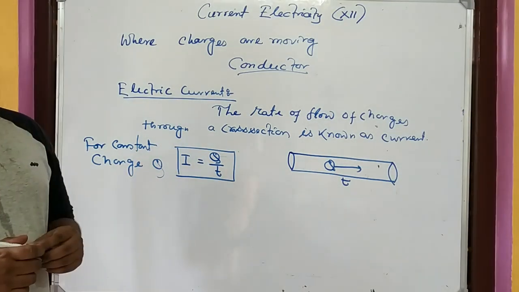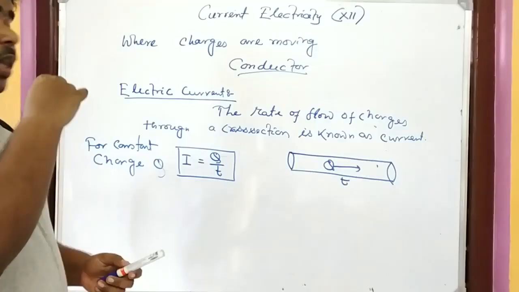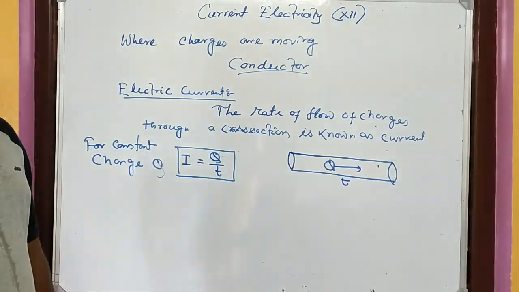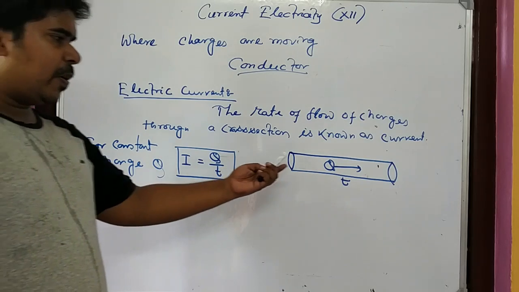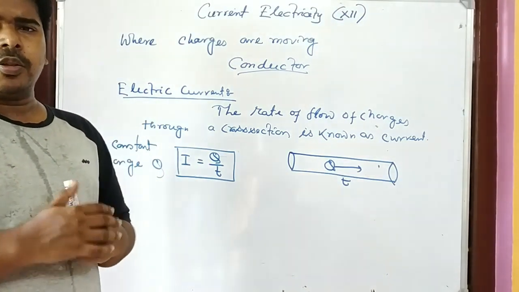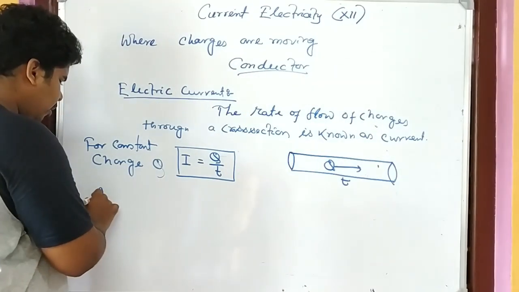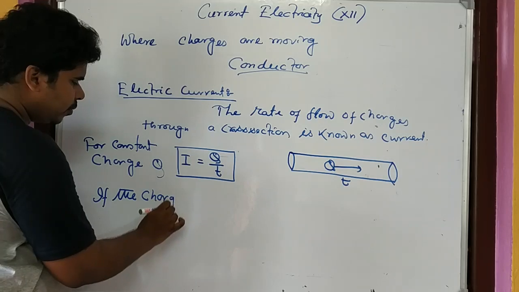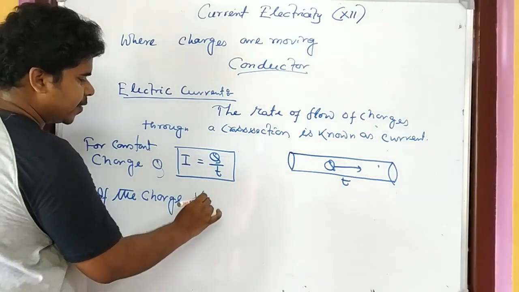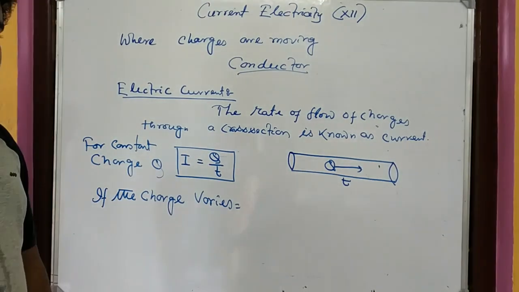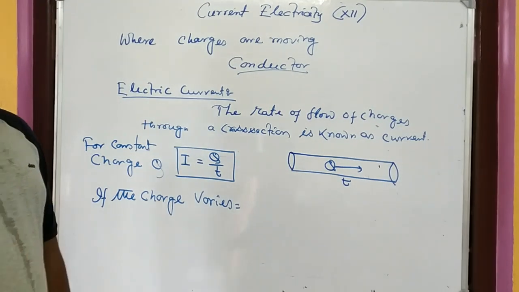But it is also possible that the amount of charge passing through a conductor is not constant. Sometimes it is increased, sometimes it is decreased. So if the charge varies through a conductor, then how can we find the current?